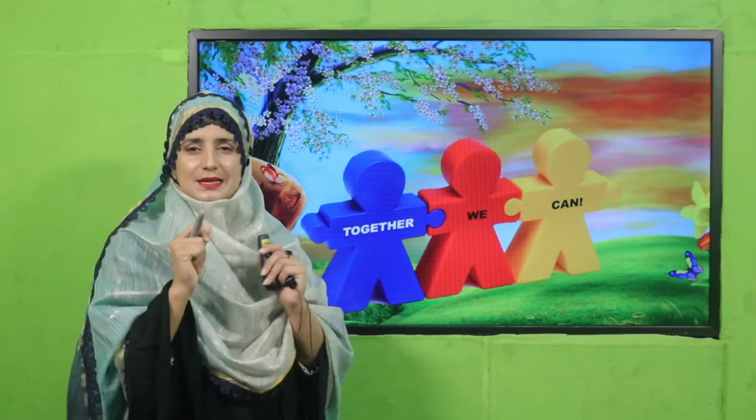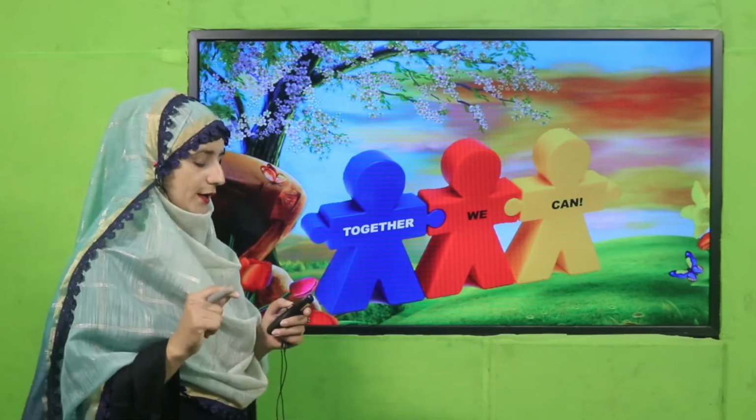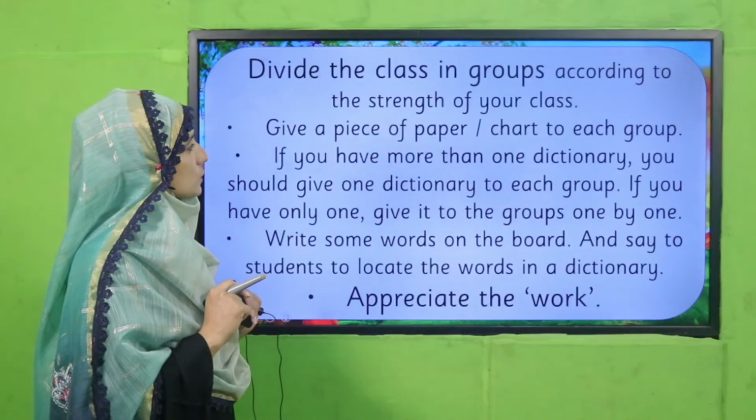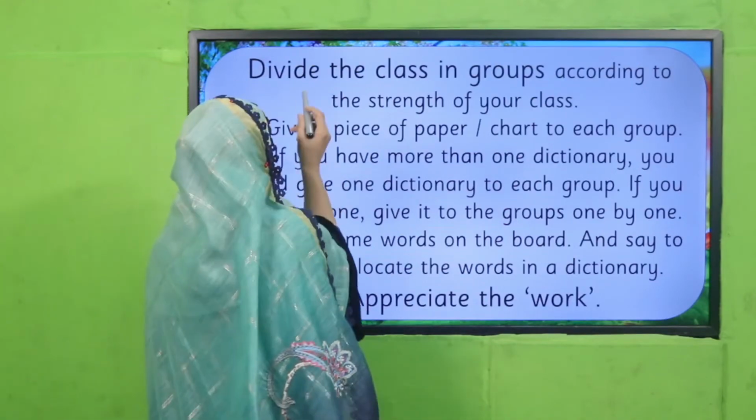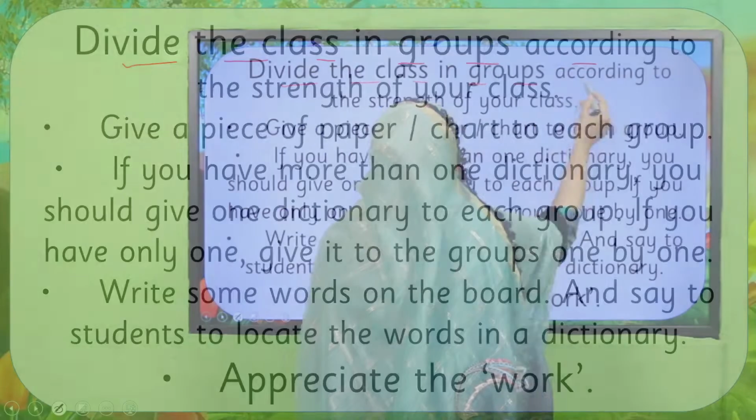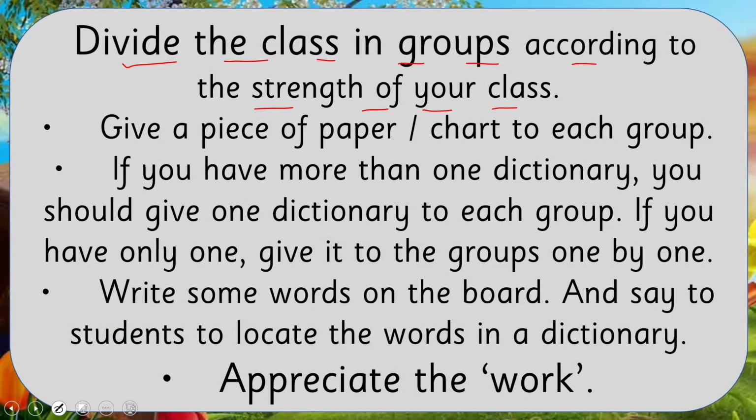So are you ready now? I mean, now you are so excited that you should also find out. So okay, let's see how you can find out. Yes, my dear teachers, what you will do? Divide the class into groups according to the strength of your class. Give a piece of chart paper to each group.